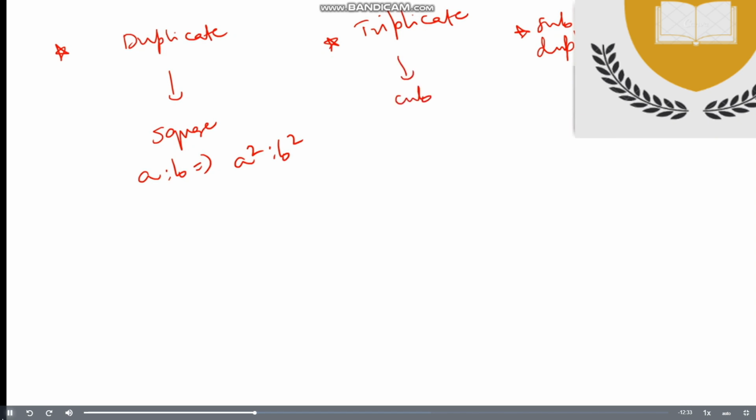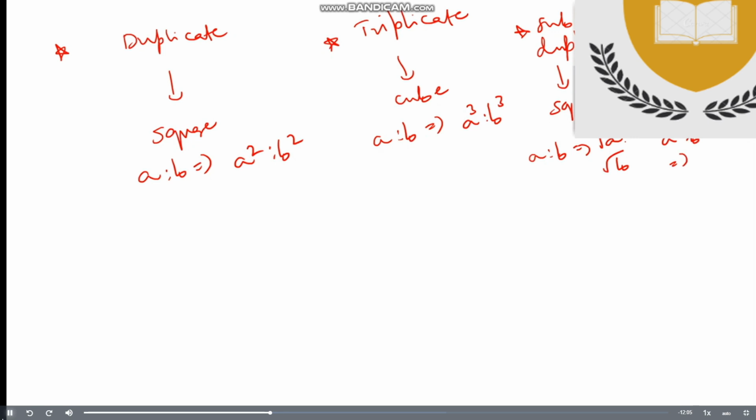Triplicate is the cube. A is to B, A cube is to B cube is the triplicate. Subduplicate is the square root. A is to B, square root of A is to square root of B. Subtriplicate is the cube root. A is to B, cube root of A is to cube root of B.